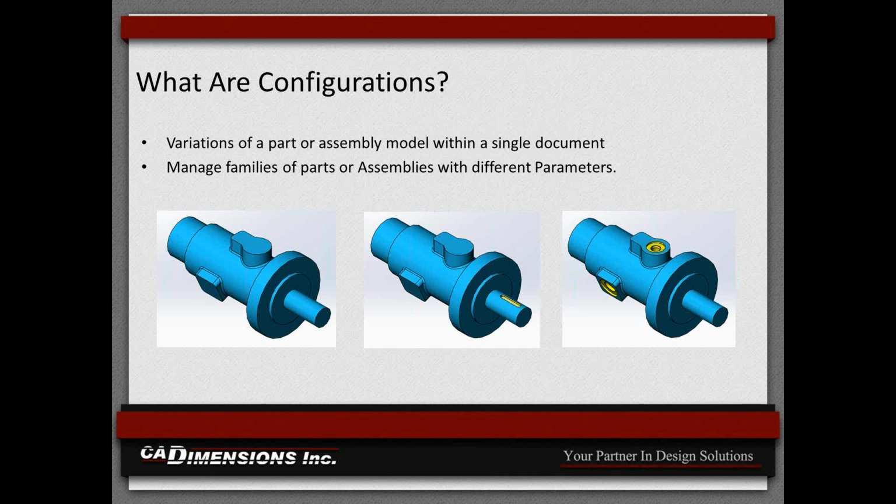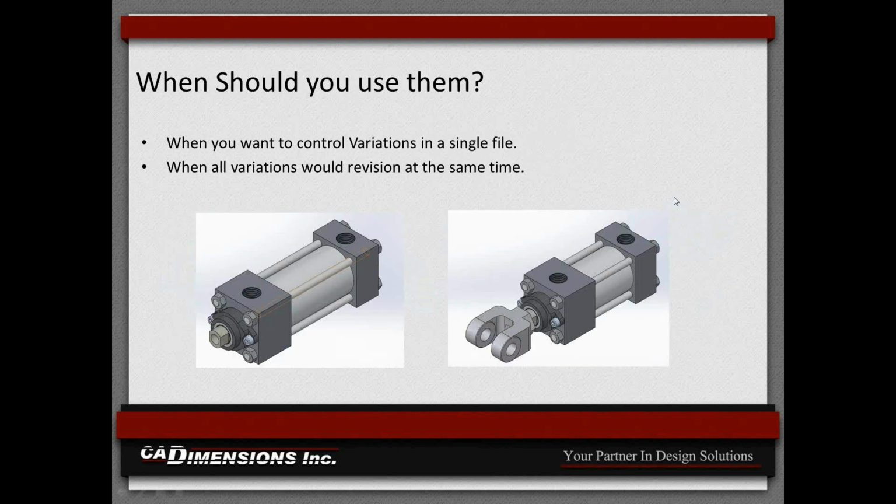Families of parts with different parameters. When we say parameters, that's really what our discussion is today, is what are these things that can be different in configurations, and how and why would I use those different things.